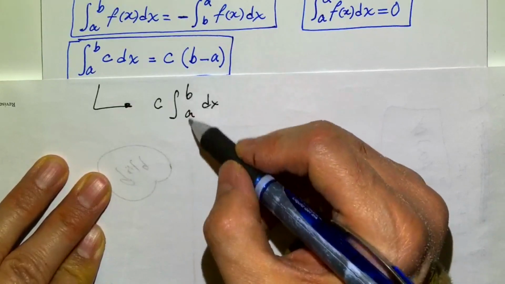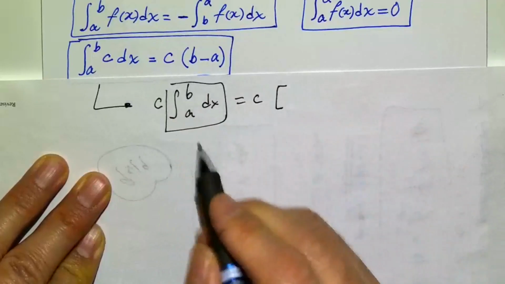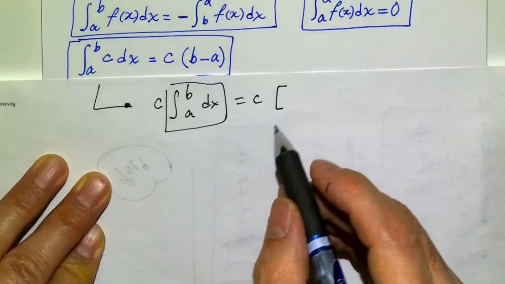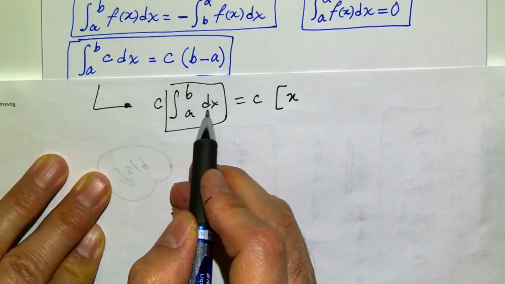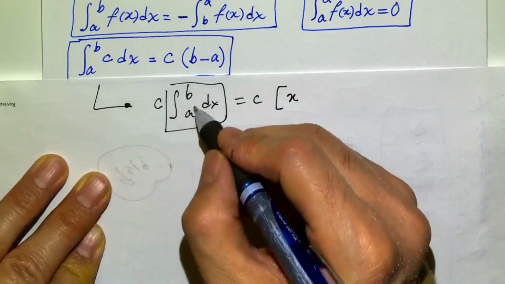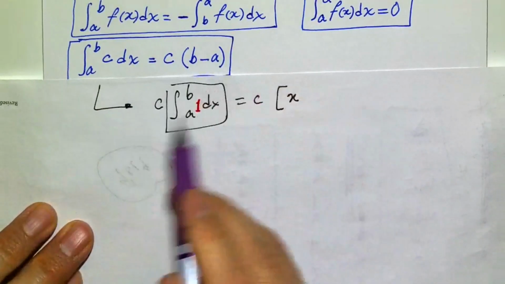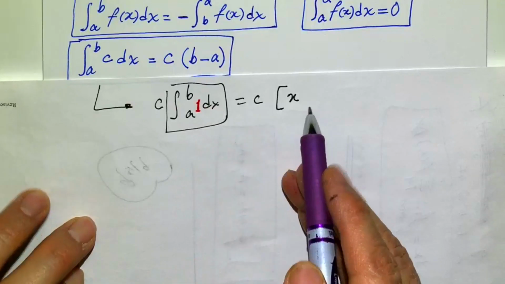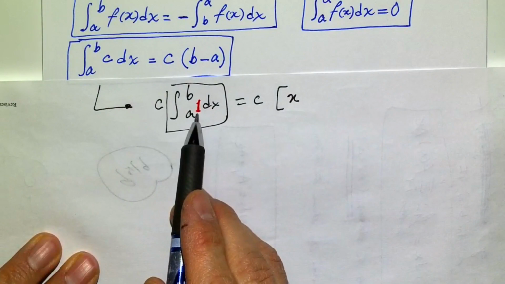Then this piece is equal to c times x, because the integral of dx is just x, right? Because we have a 1 here. There's a 1 here, and if you integrate 1 dx, you get x, right? The derivative of x is just 1, and that's what we have.